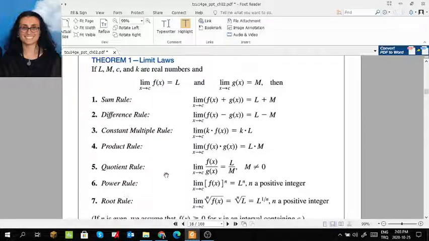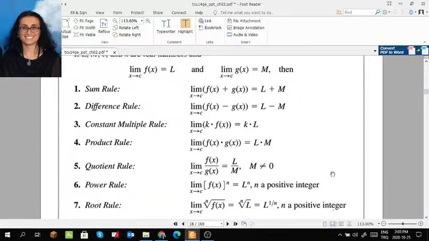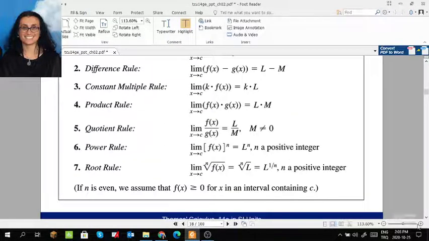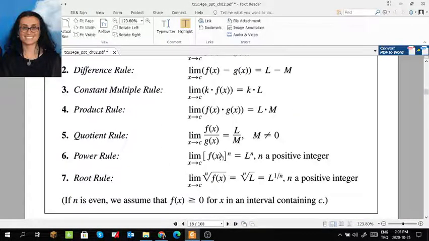Okay, and we have a power rule, which is the limit of the power of a function. Let me make it bigger just a little bit. Okay, power of a function, and if you take the limit as x approaches c, it is going to be equal to the nth power of the limit of f, which is L here.